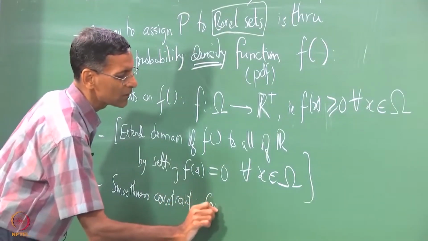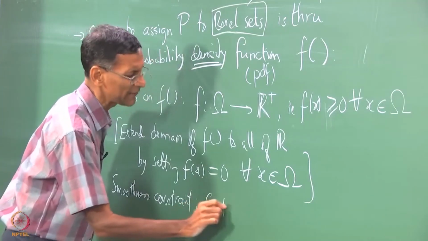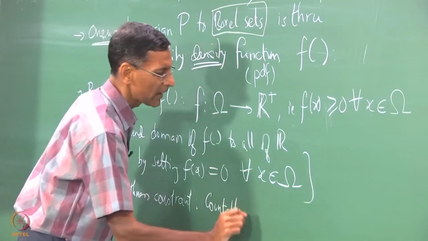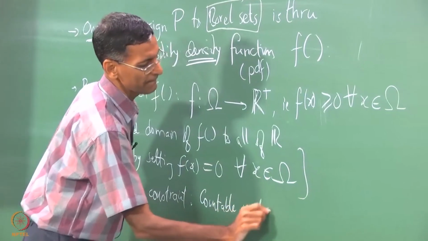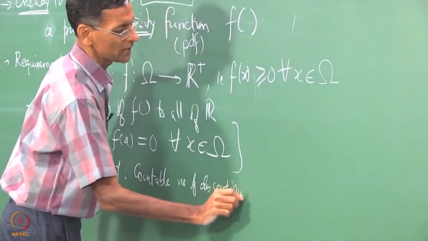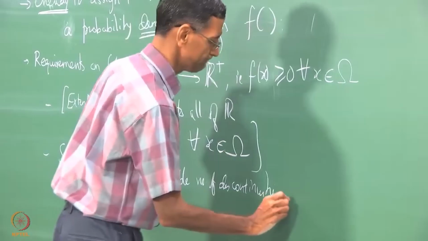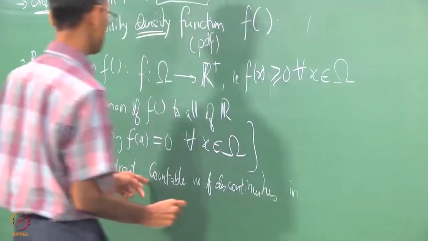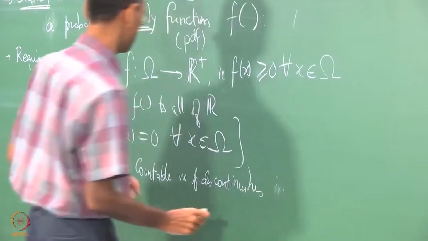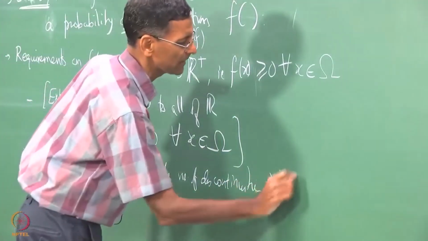So we will want, at maximum, a countable number of discontinuities. We do not want to have the thing jumping all over the place. Maybe I should have started with f here. Anyway, f has, I will just say in f.